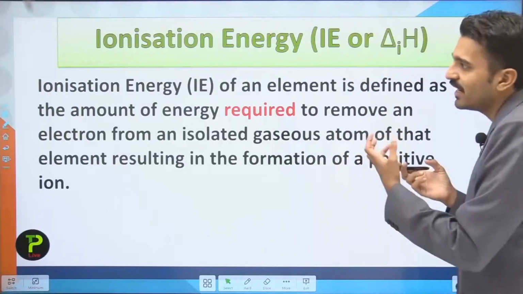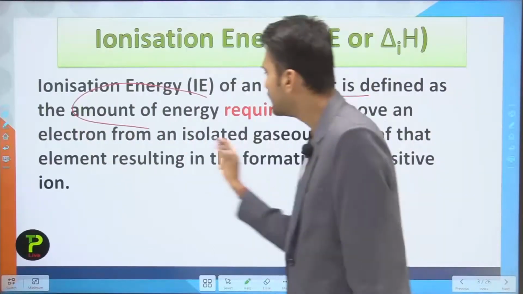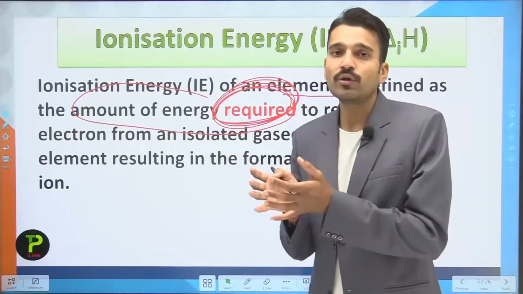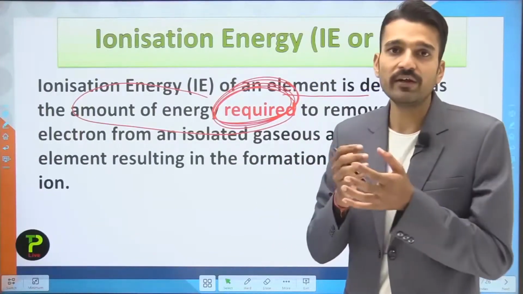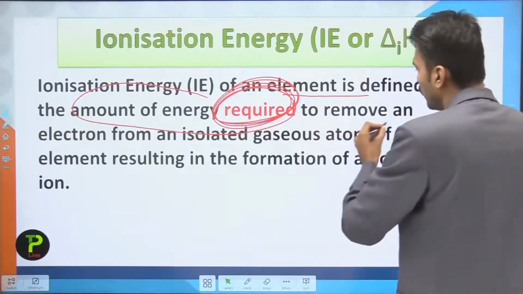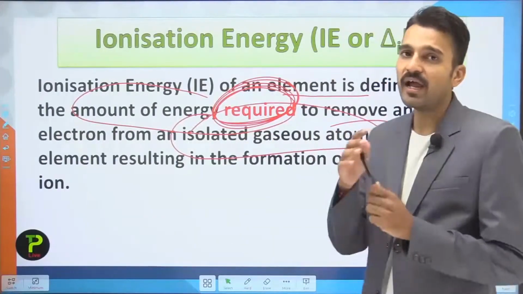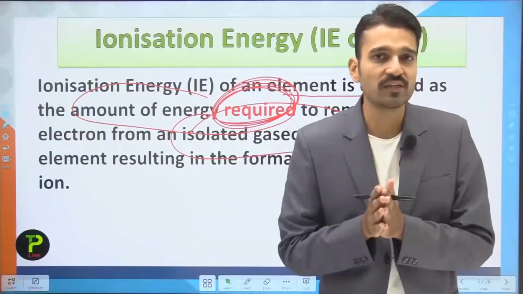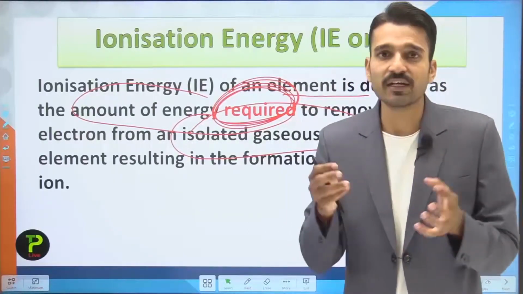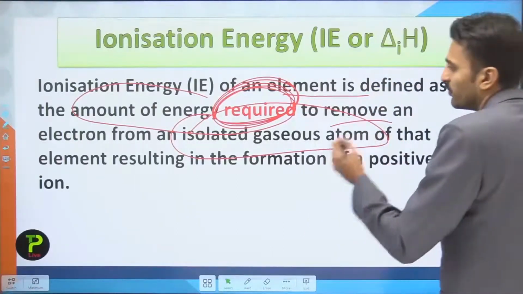It is the energy we have to give to a particular atom of an element so that it removes an electron. It simply means the atom should be in the gaseous state and not in association with any other atom. It should be an isolated atom of that element.